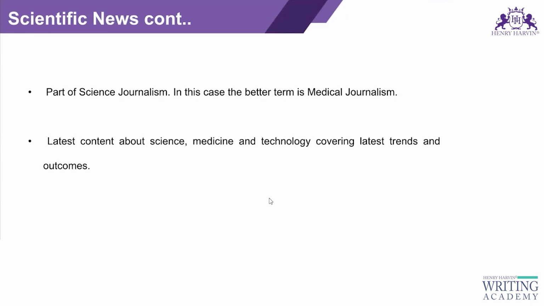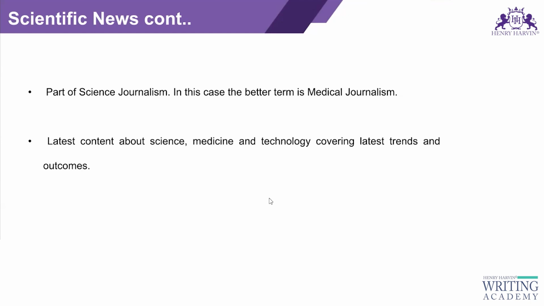Now, scientific news is a part of science journalism. The better term we can use for scientific journalism or scientific news is medical journalism, where the latest content about science, medicine, and technology is covered, and it also covers the latest trends and outcomes. As the word suggests, news means something new, which is not known, or a topic which is trending.